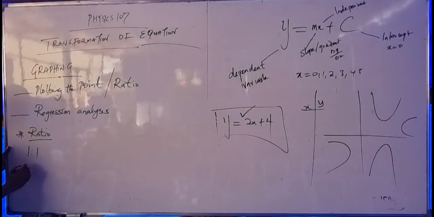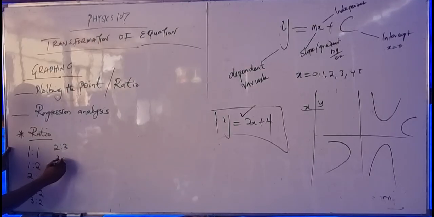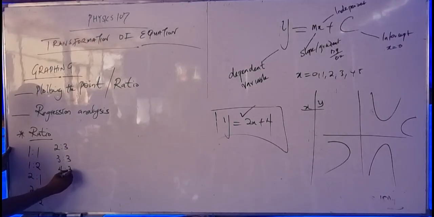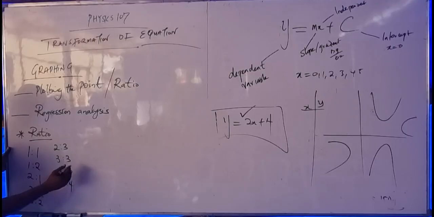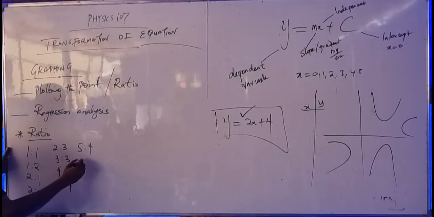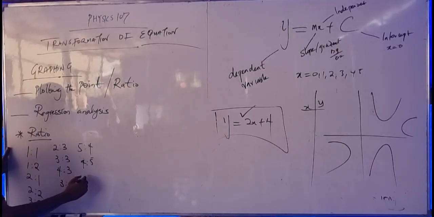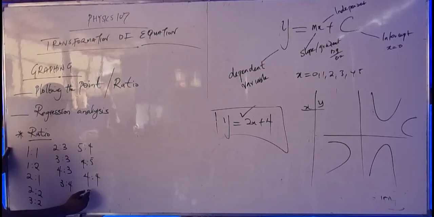We have 1:1, 1:2, 2:1, 2:2, 3:2, 2:3, 3:3, 4:3, 3:4. We can have 5:4, 4:5. We can even have 4:4, even 5:5.